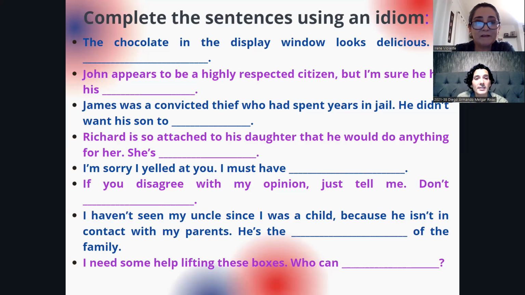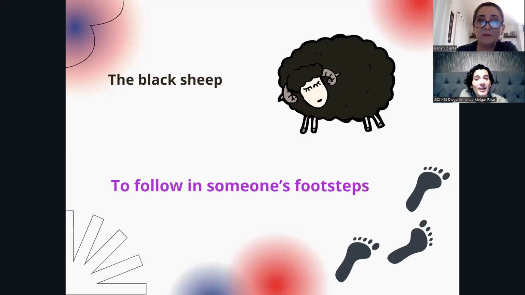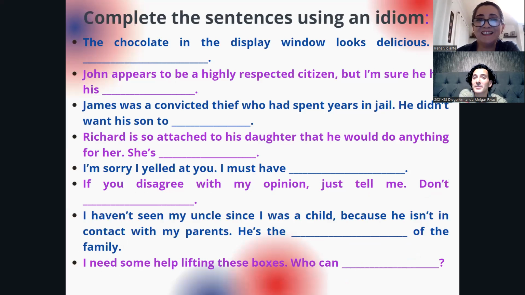Next, James was a convicted thief who had spent years in jail. He didn't want his son to... I don't know, teacher. Okay, I'm gonna help you a little bit. To follow in someone's footsteps. We're talking about James. So James was a convicted thief who had spent years in jail.